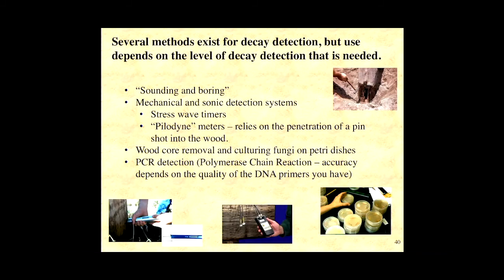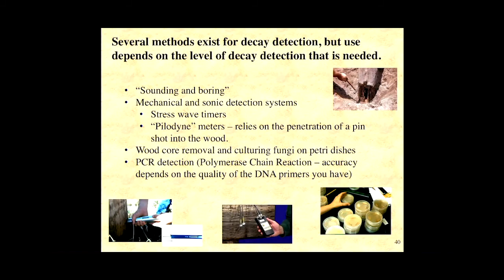Other types of detection systems, there are mechanical and sonic detection systems. My experience in general is that these are great in the laboratory, and they're also great sometimes in the mill, where you've got the same dimension material being produced one after another.